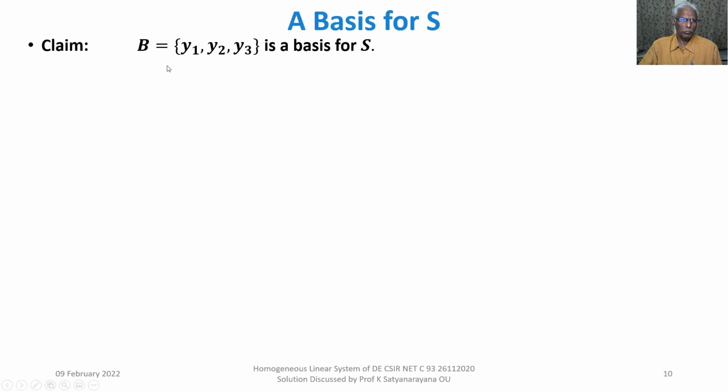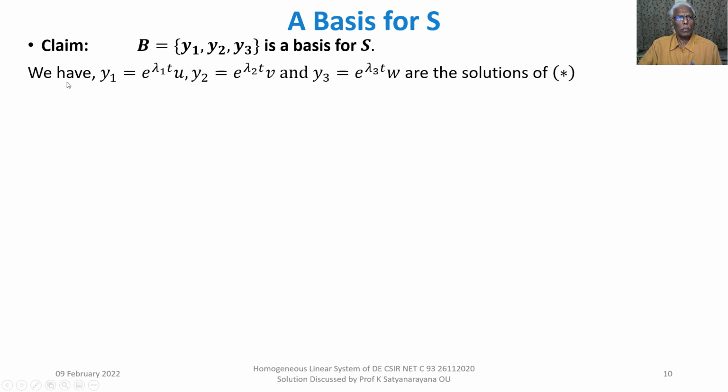So we now claim that, given y1, y2, now that we have found y3, the set B equal to {y1, y2, y3} is a basis for the solution space. How do we show that? So first of all, what are y1, y2, y3? y1 is equal to e to the power of lambda 1 t u, y2 is equal to e to the power of lambda 2 t v, y3 is equal to e to the power of lambda 3 t w are the solutions of star.